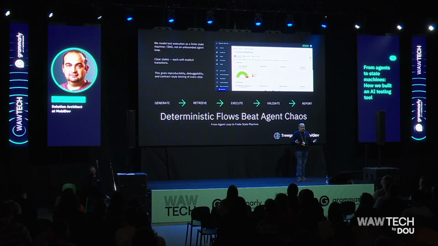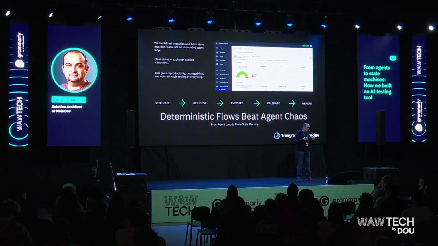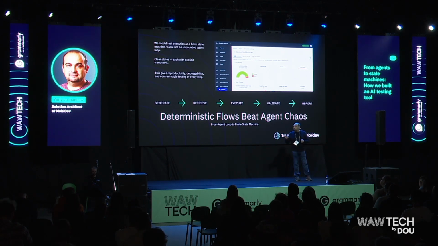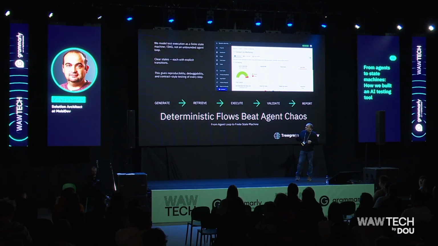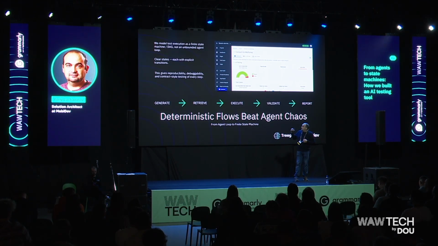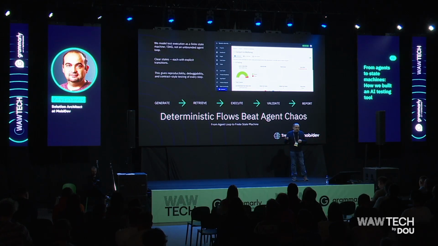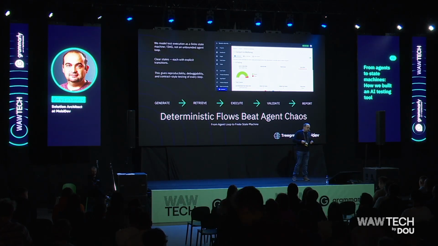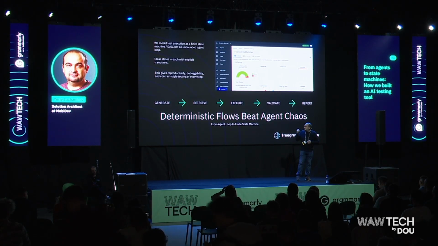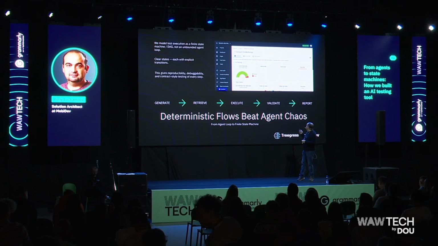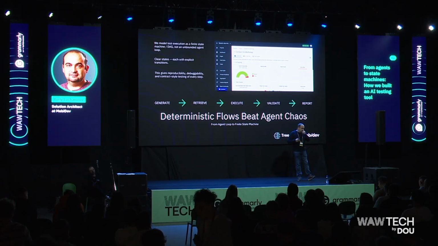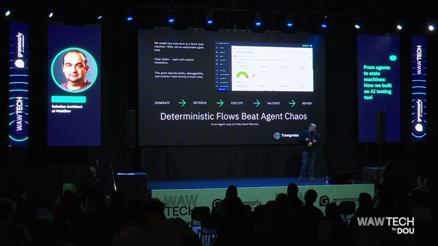First, we generate candidates from the sites, and we also retrieve information from our vector database to get the right page types or test cases. Then we execute, validate the test results, and generate bug wrappers for the end users.